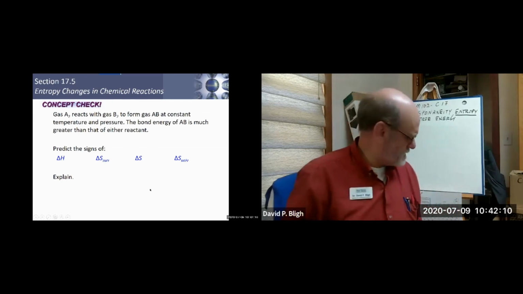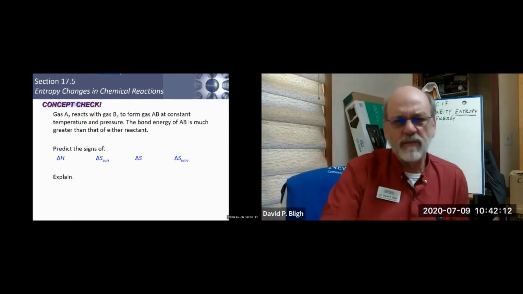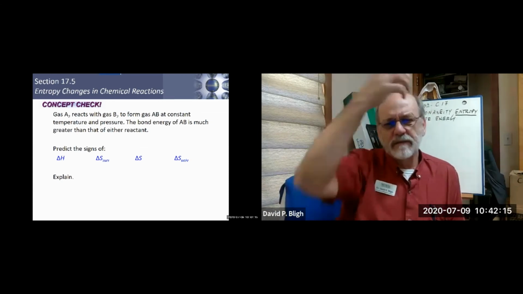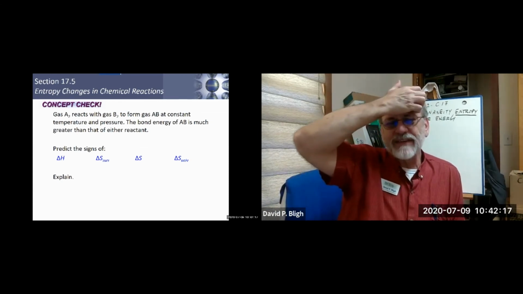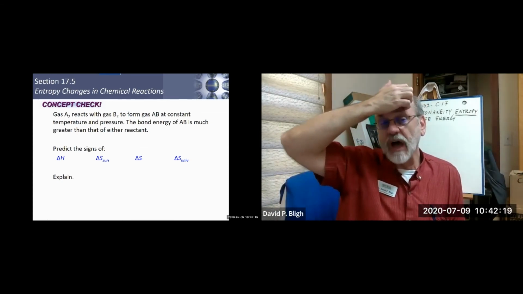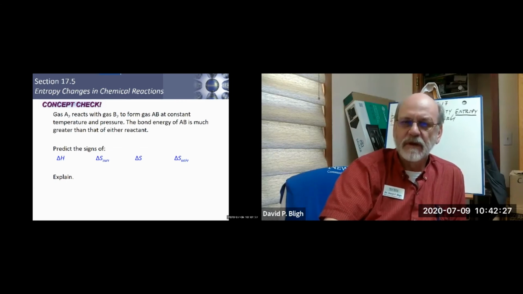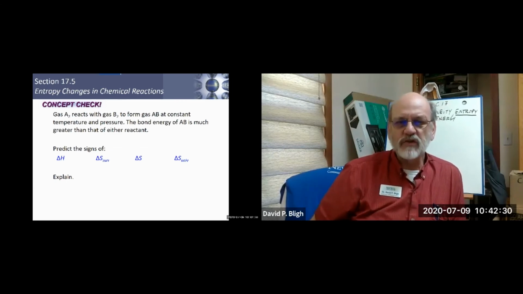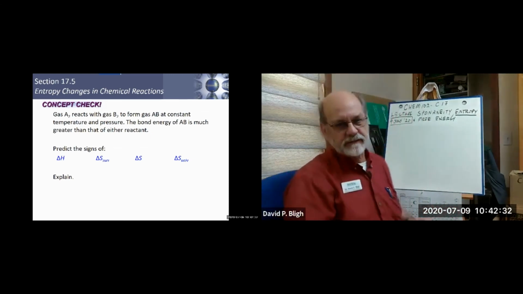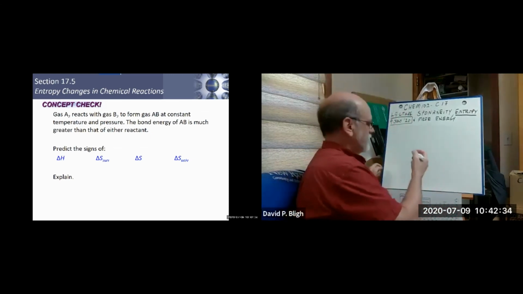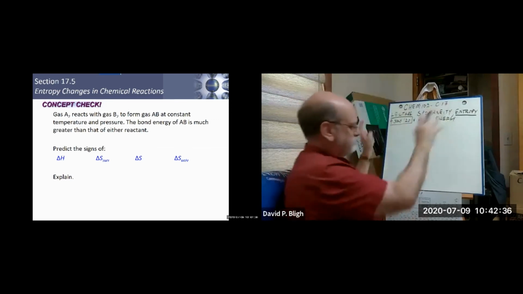Let me see. Okay, I think we have enough time. So if we have a gas that's A2, it's diatomic, and reacts with a gas B2, diatomic, to form gas AB at constant temperature and pressure, the bond energy of AB is much greater than that of either reactant. So let's put that on the board.